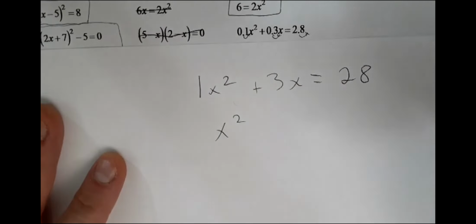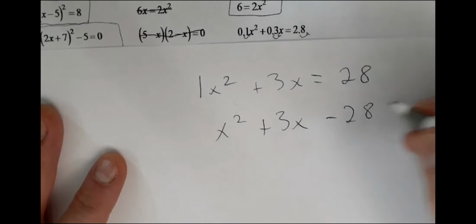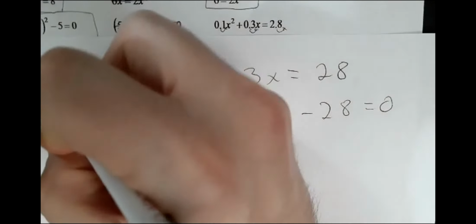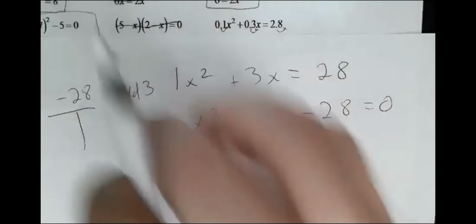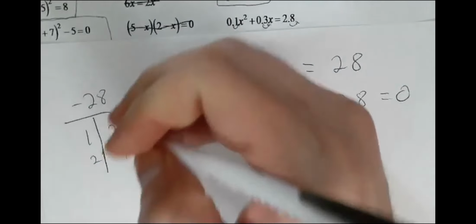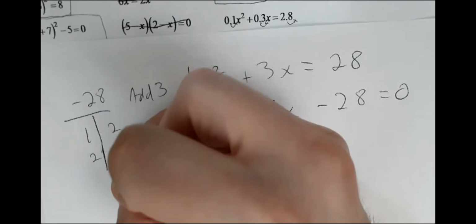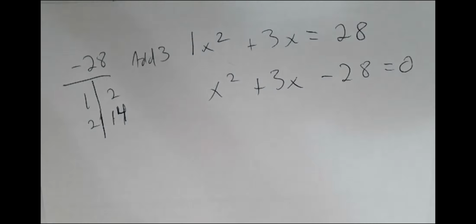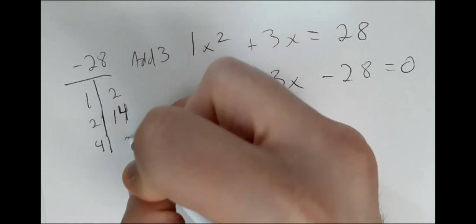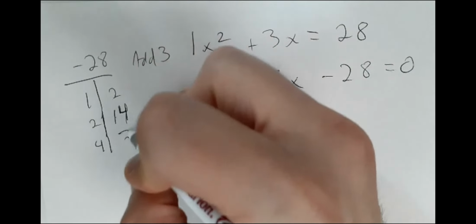So I want to see if I can factor this. In order to factor this, the first step is to set one side equal to 0. Now I'm looking for something that multiplies to minus 28 and adds to 3. 1 and 28, 2 and 14, 4 and 6. 4 and 7, I mean, what am I saying?